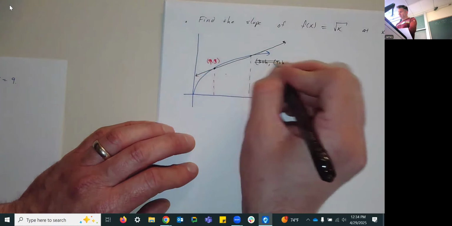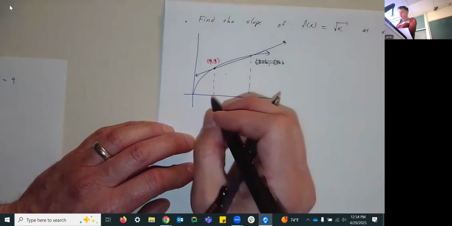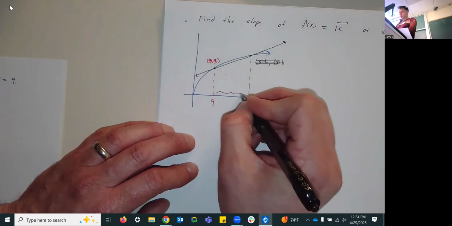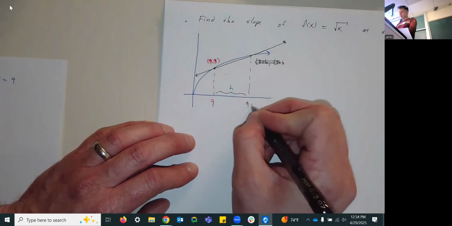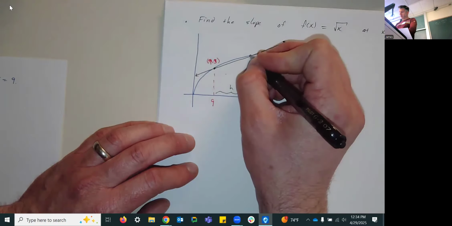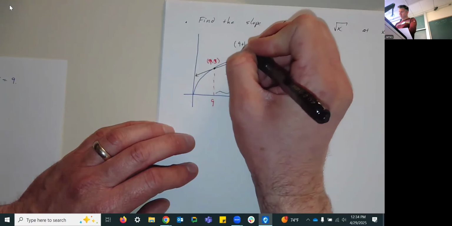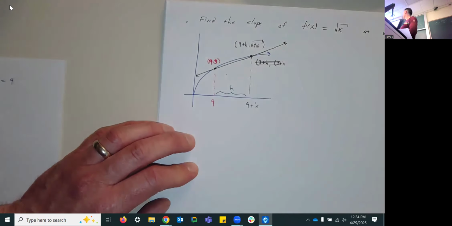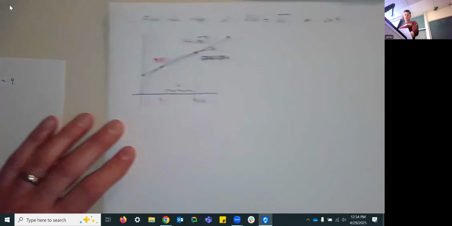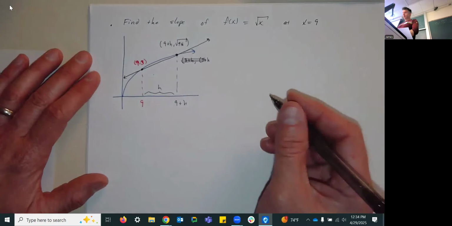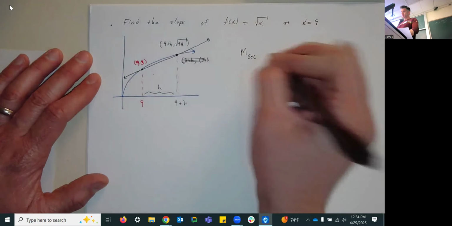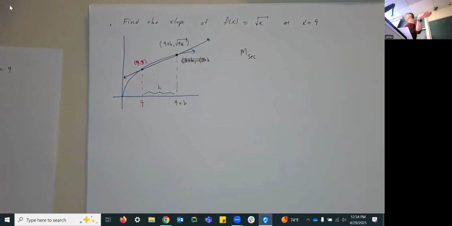This should have been 9 adding on h. It's 9 plus h. So that point right there is 9 plus h comma the square root of 9 plus h. Apologies for the mistakes.